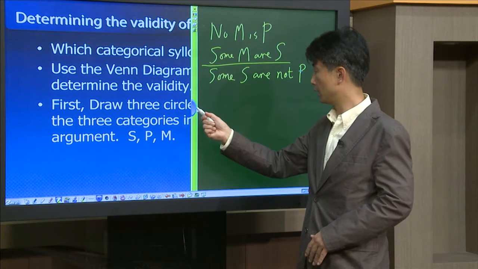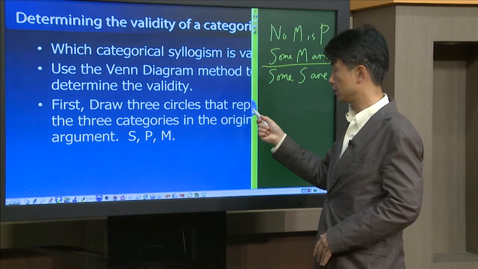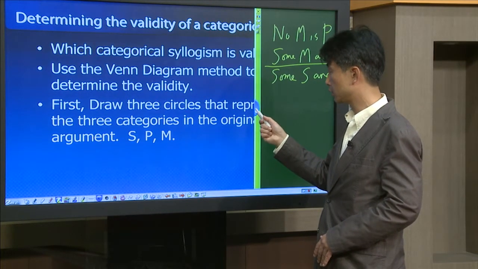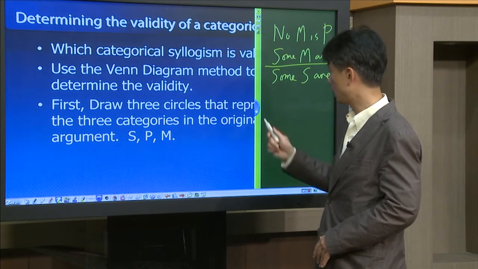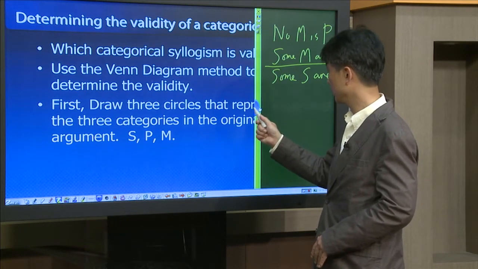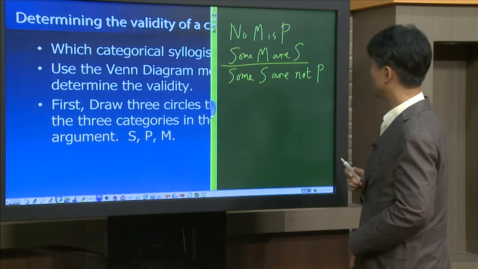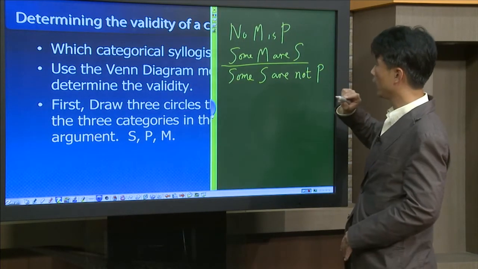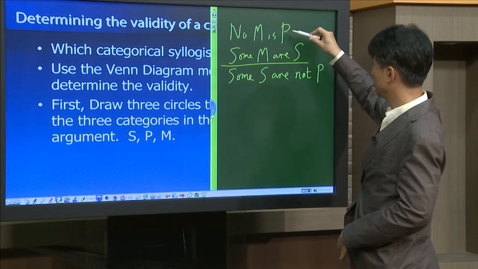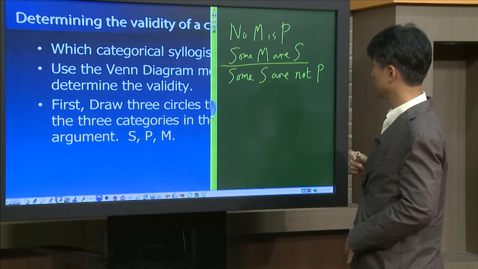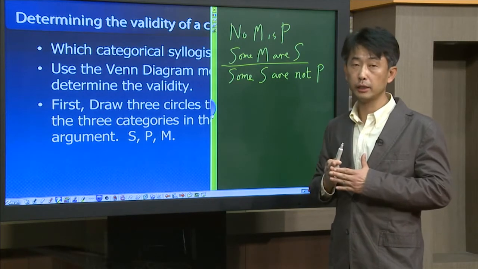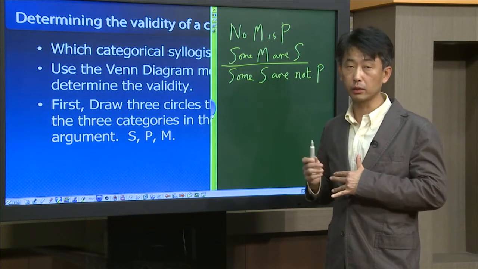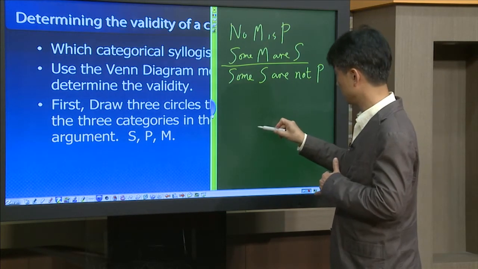Now the first step says what? Draw three circles that represent the three categories in the original argument, S, P, M. So there are three categories, M, P, S. You draw three circles that represent these three categories, like this.